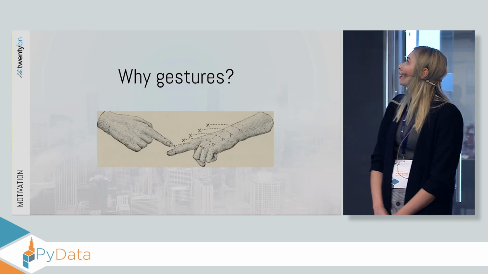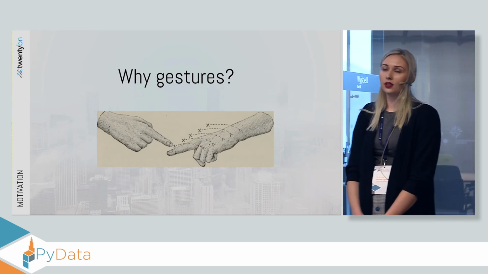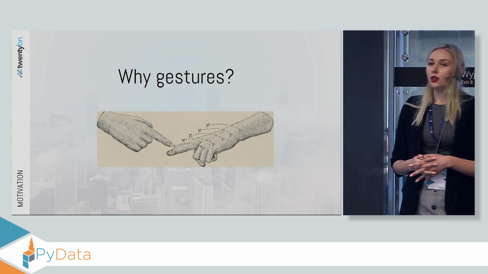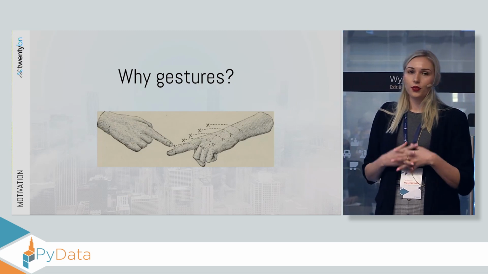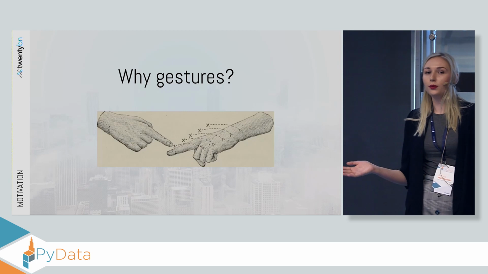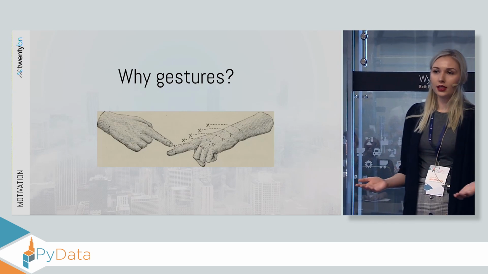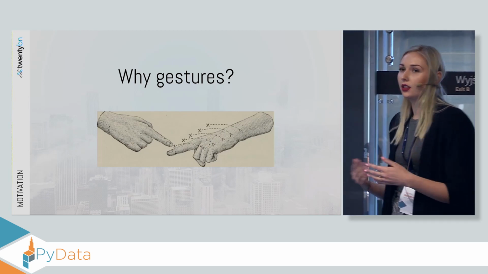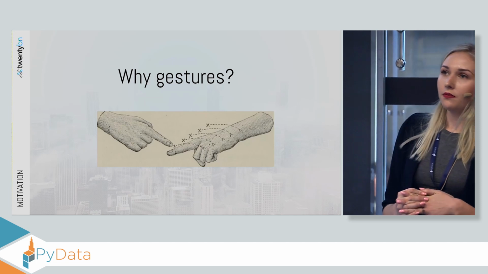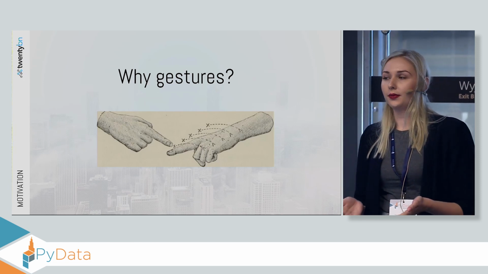And so you might wonder, why did we choose gestures, or what is so special about gestures? For us, this project was also kind of a proof of concept, because as you all know, deep learning has been booming in different fields, such as image classification, speech recognition, machine translation, and so on and so forth. But the video understanding field has not been yet so explored.